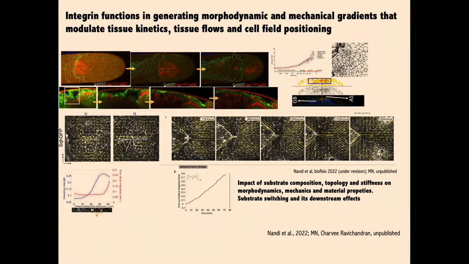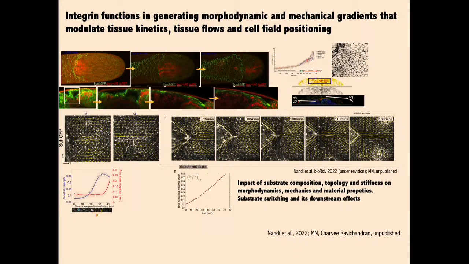In particular, we're interested in looking at the impact of the composition of the substrate, its topology. By that I mean, how is this matrix actually organized in space, and stiffness, which can be also due to the substrate, the material properties of the tissues on which these cells sit.